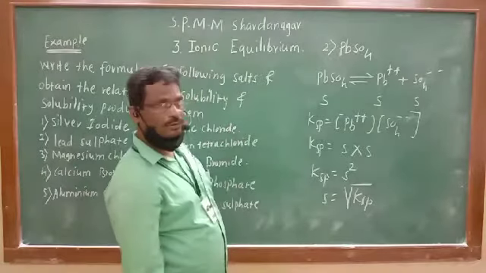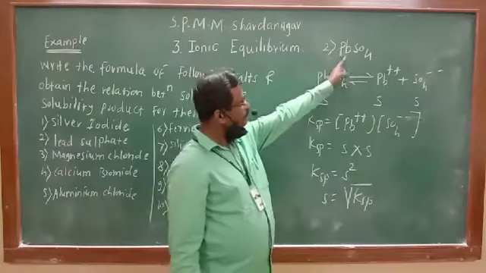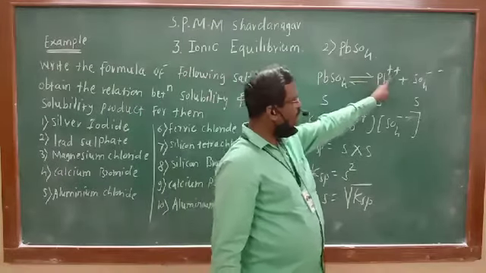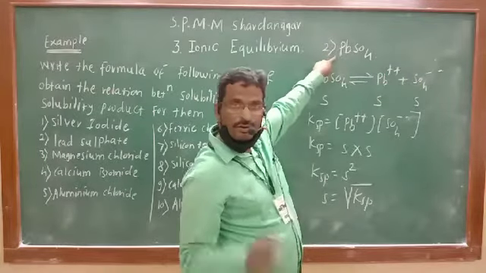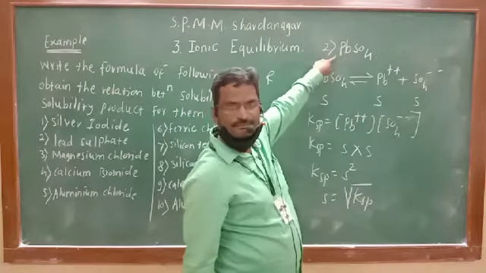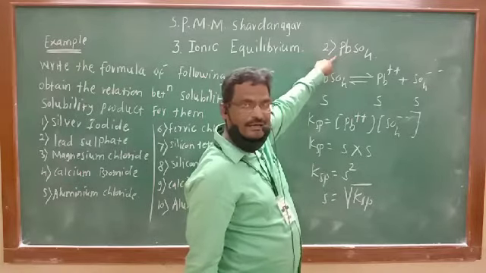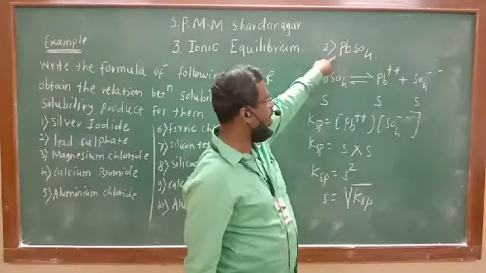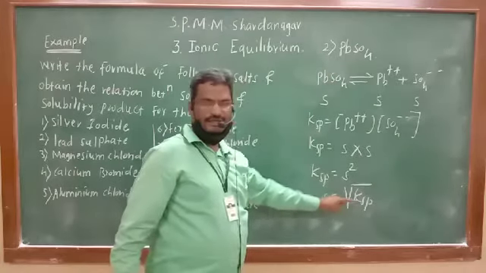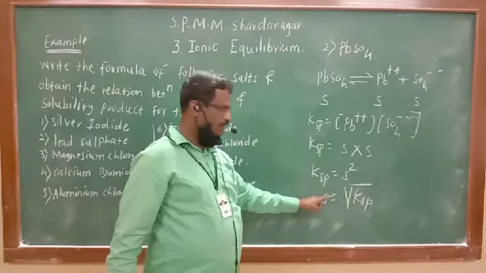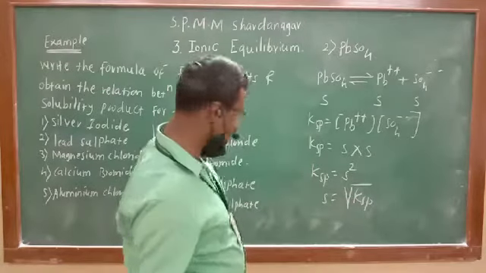See, even though this is PbSO4, even though plus 2 and minus 2 charges are there, this is also the first type of salt, BA type. And the relation between solubility and solubility product is S is equal to square root of Ksp.